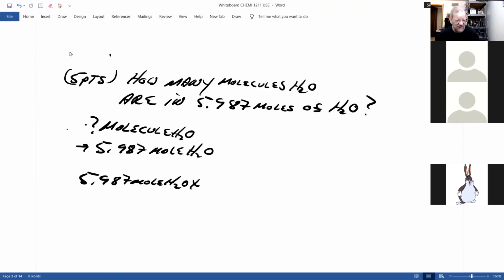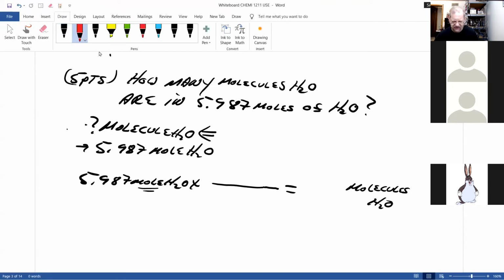So, how do we get from moles of water to molecules of water? Well, if we had a ratio conversion, what units do I want my answer to be? Molecules of water. Now this is how you use unit analysis.